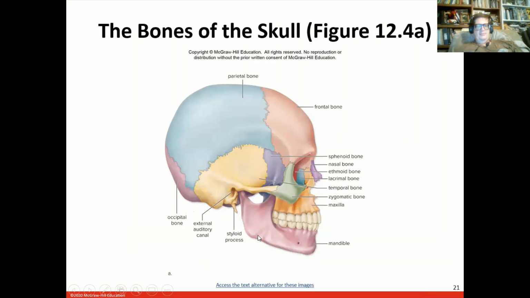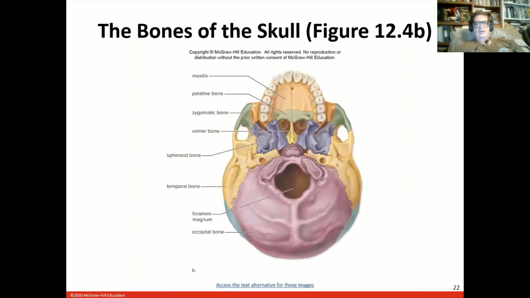And it's not labeled in this picture, but this bulge that's right there, part of the temporal bone that's sticking down, that is your mastoid process. It's hollow inside. And the mastoid sinus is the space inside of the mastoid process. All right. They may have labeled it here. Nope, doesn't look like they did. All right, let's move on.